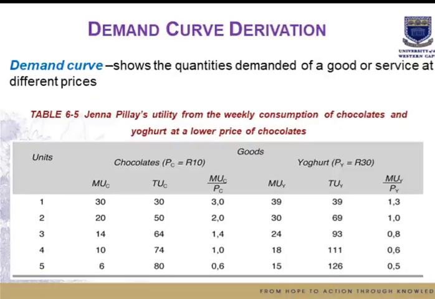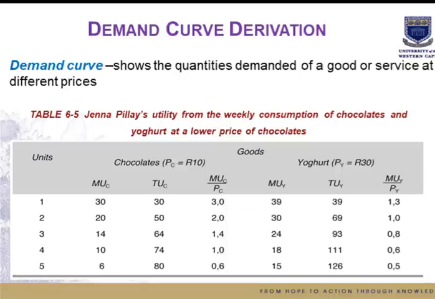When the price of chocolate falls to 10 Rand, ceteris paribus, Jenna's new weekly consumption schedule is reflected in Table 6.5. The only noticeable changes are reflected by the price of chocolate and the weighted marginal utility of chocolate.